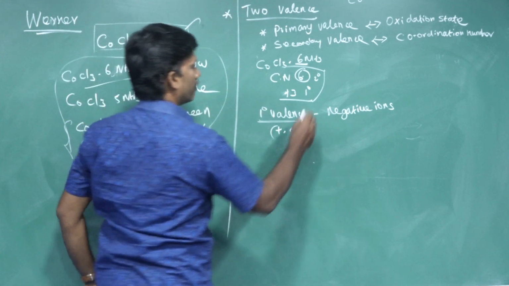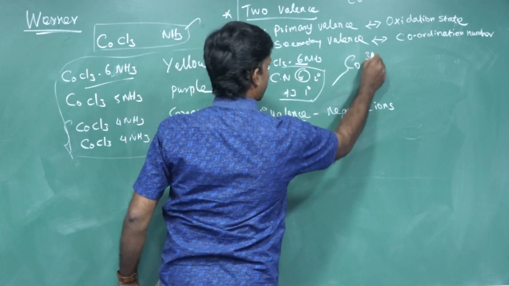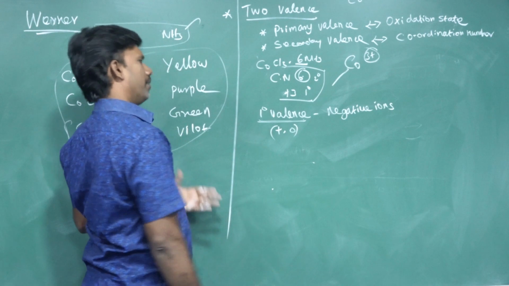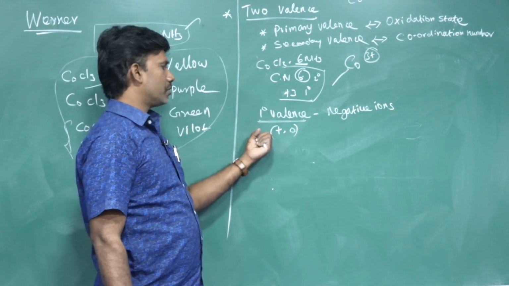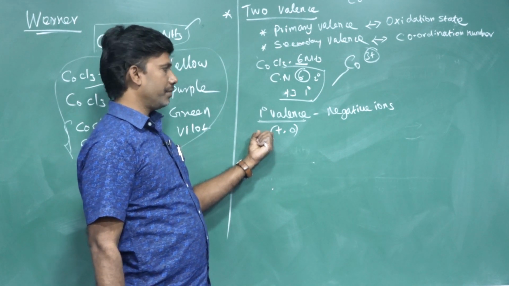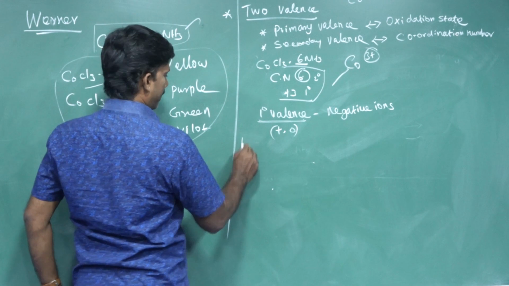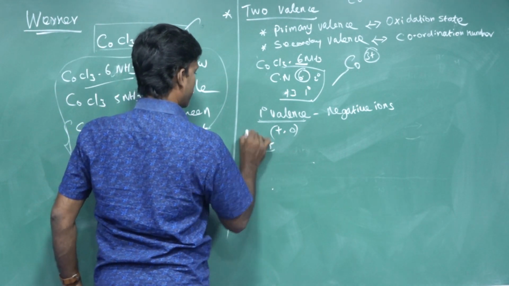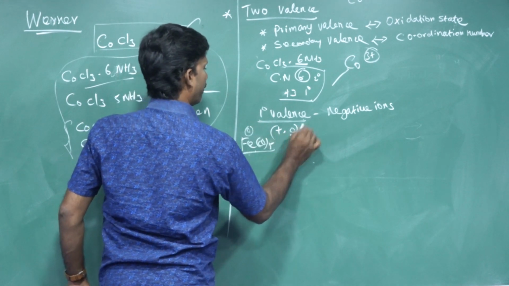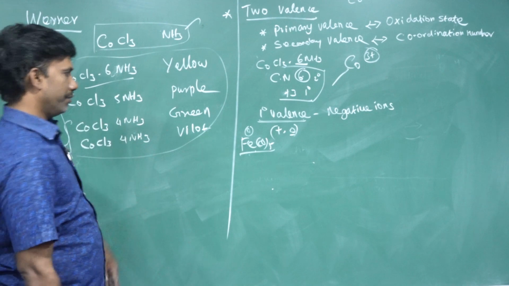Here the central metal atom is cobalt, and the primary valency is the 3+ oxidation state. In all cases it is mostly a positive oxidation state. In some cases, for example iron pentacarbonyl, the oxidation state of Fe is 0.